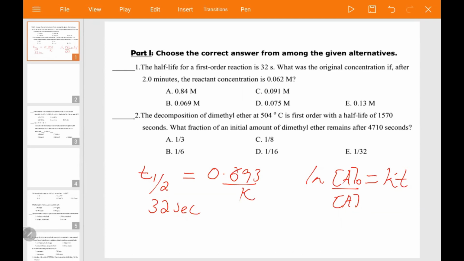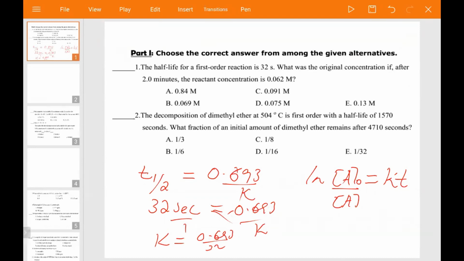From the half-life I get K. 32 seconds is equal to 0.693 over K. From this, K is equal to 0.693 over 32, by criss cross, dividing both sides by 32.